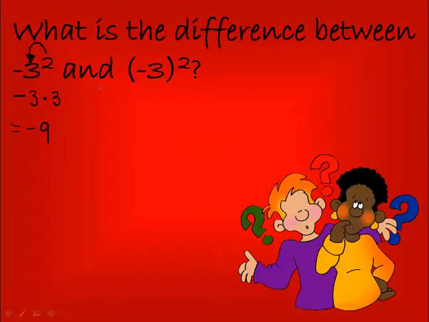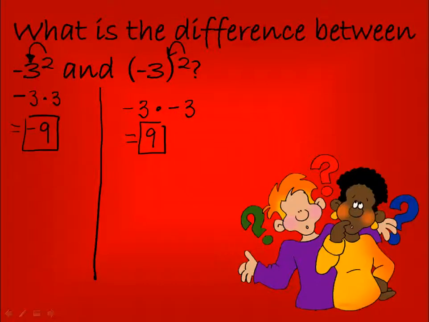In the second problem, I am squaring everything in the parentheses. So both the negative and the 3 are squared, meaning negative 3 times negative 3, which is positive 9. So I get two different answers. So just remember, in the first problem, only the 3 is squared.